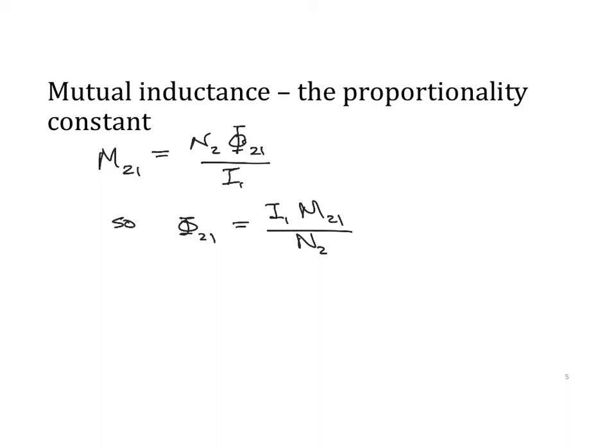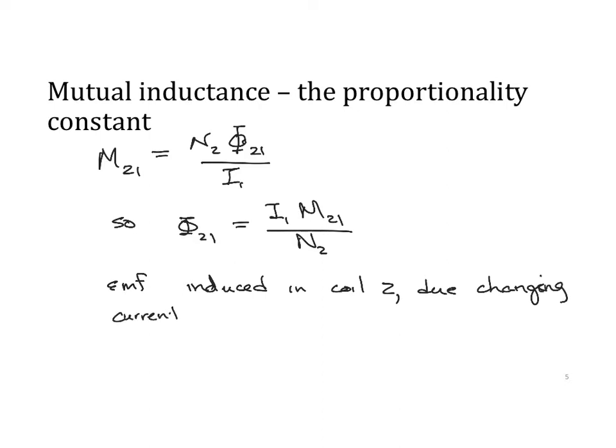So if we look at that and then compare it to our previous one, we would get the EMF that is induced in coil 2 due to any kind of changing current in coil number 1 is going to look like this.